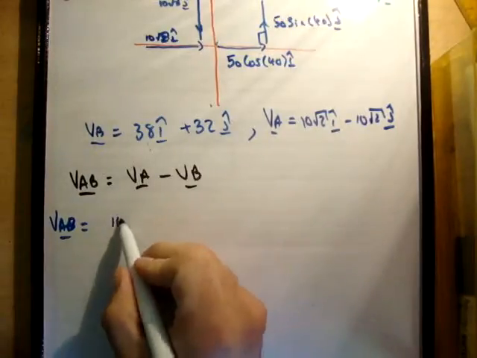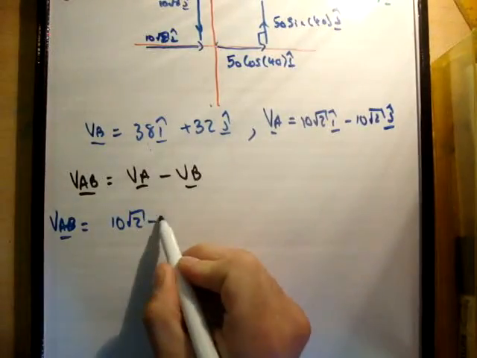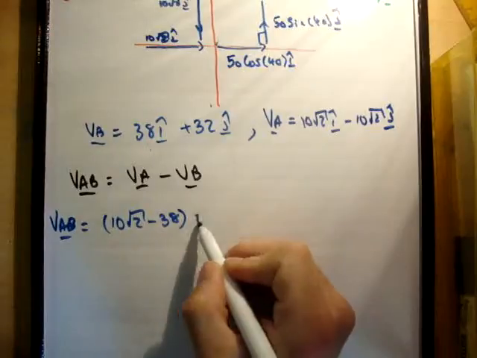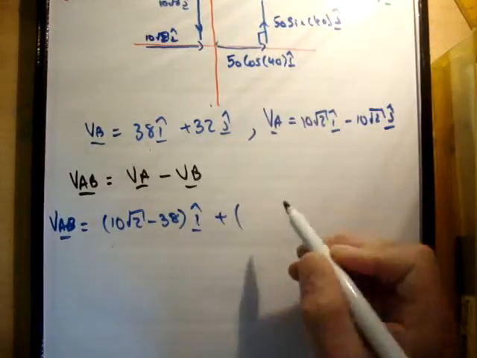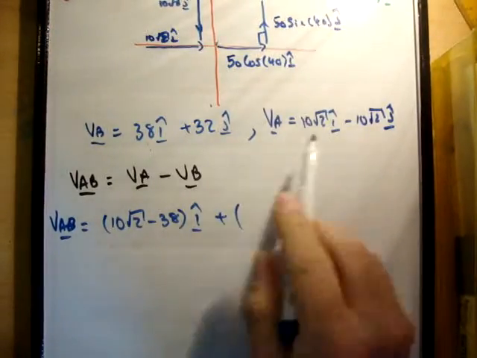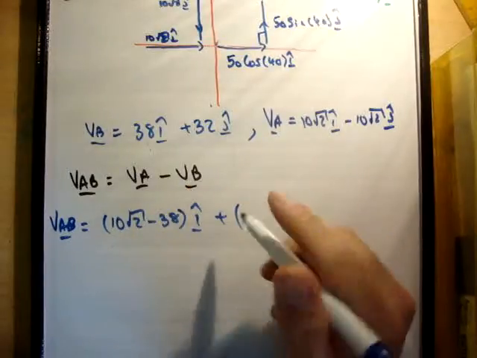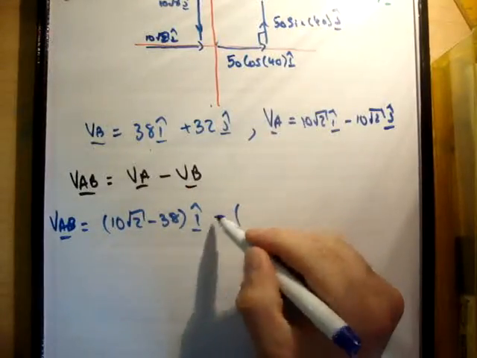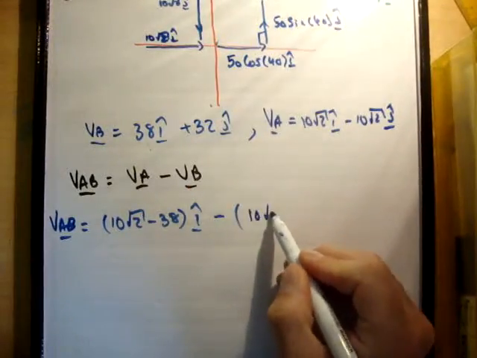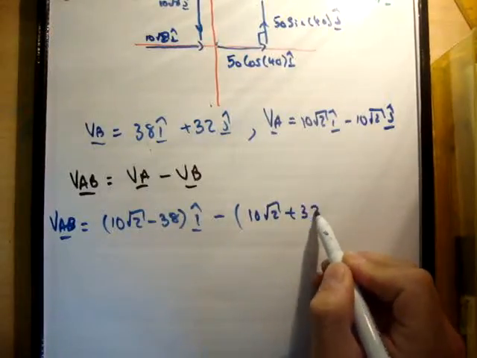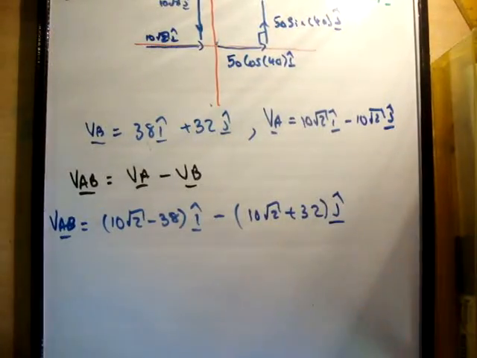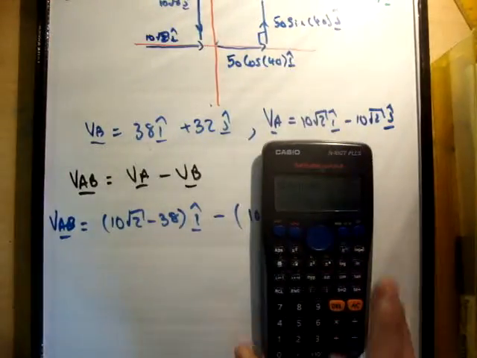So it's going to be 10 root 2 minus 38 i hat, and we'll take this as a minus here, so it's going to be 10 root 2 plus 32 j hat, like so. Let's just plug those into the calculator.